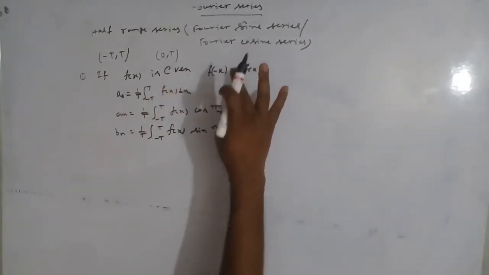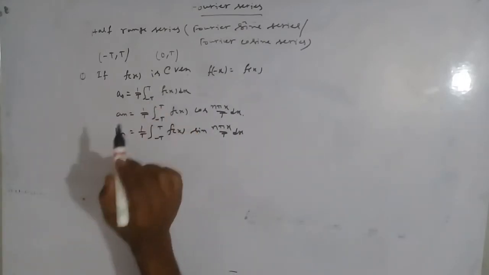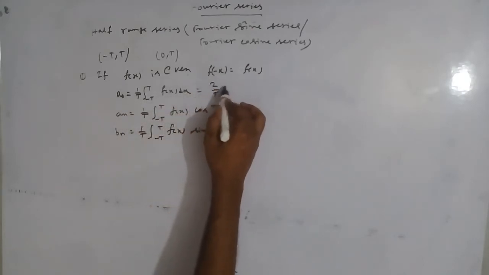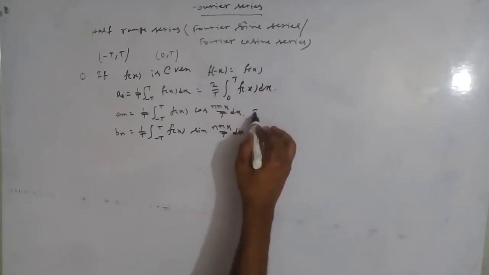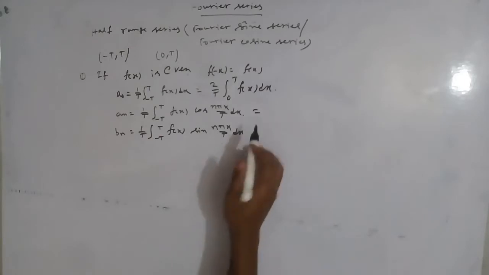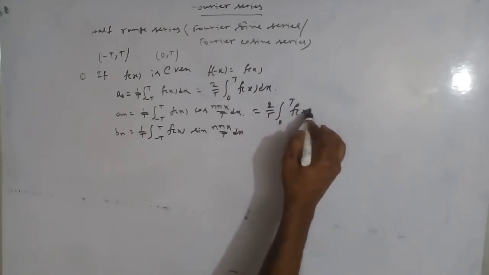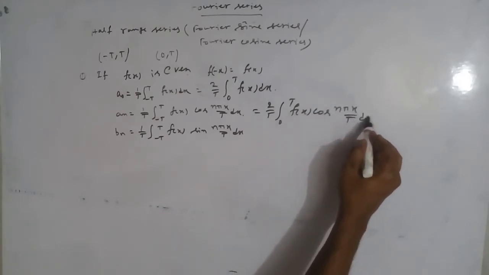Then f of minus x is equal to f of x, and a0 is the definition of a0, so this can be written as 2 by t, integral 0 to t, f of x dx. An will be, since f of x is even and cos is even, the product of two even functions is always even, so this will be 2 by t, integral 0 to t, f of x cos n pi x by t dx.